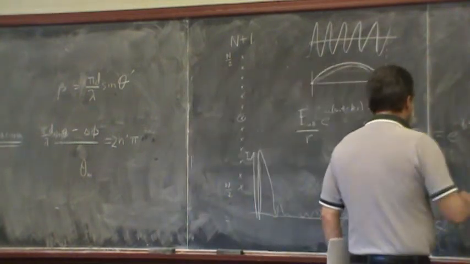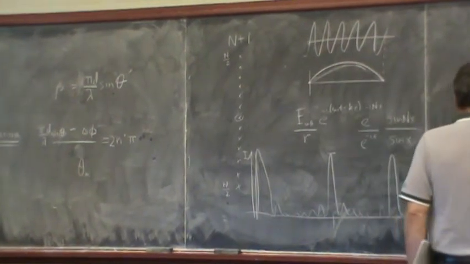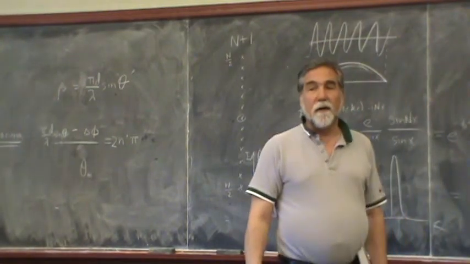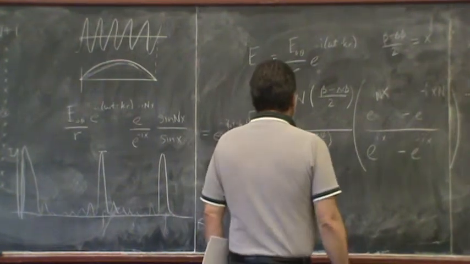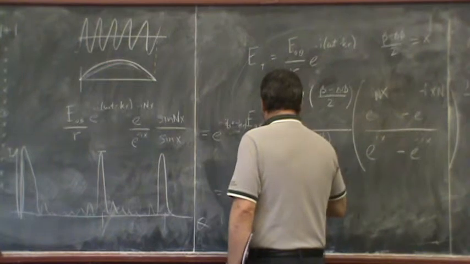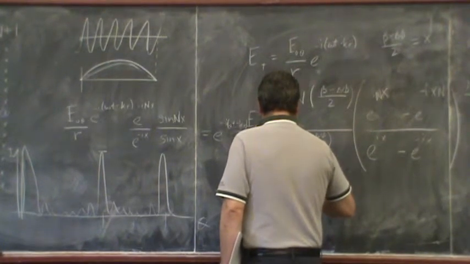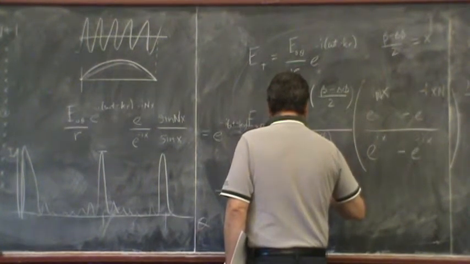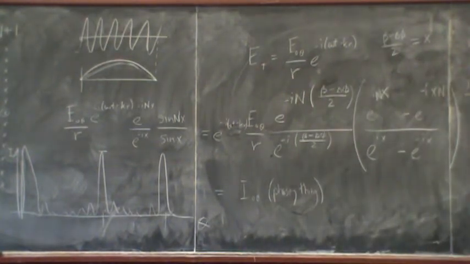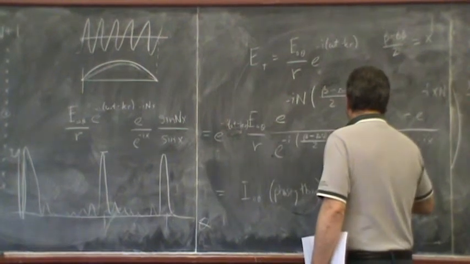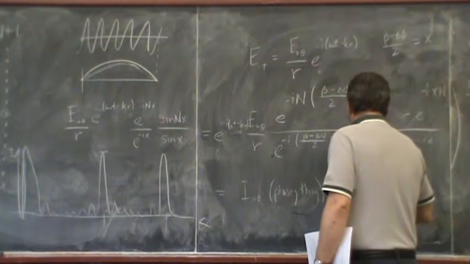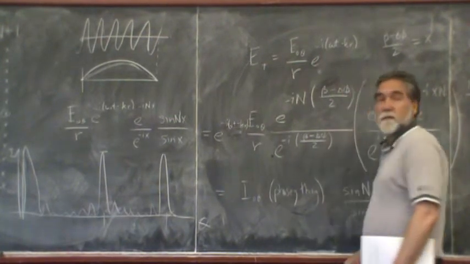So just let me rewrite this thing here. Let's call it I0 of theta, whatever was coming out of the sources, times some sort of phase thing here, times sine of nx over sine of x.